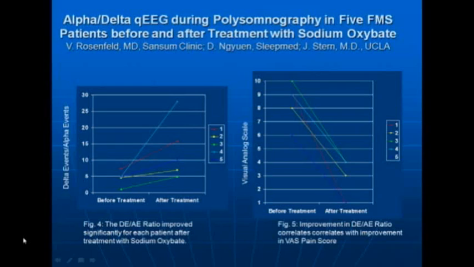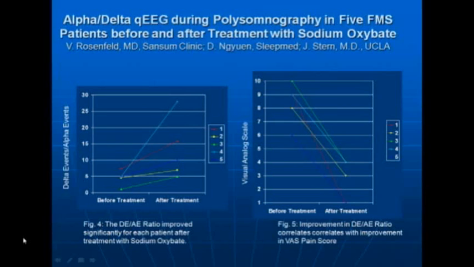And so we wanted to see if not only could we use quantitative EEG to identify patients with fibromyalgia, but if we could use this quantitative EEG to assess if there was clinical improvement based on an intervention. We give these patients sodium oxybate, and then we measure their pain scores afterwards. And we can see on the right graph that their pain scores all dropped. And on the left graph, we can see that their delta alpha ratios all improved.